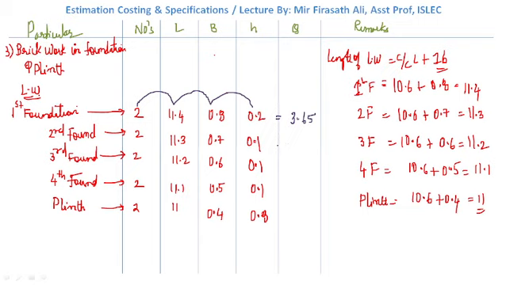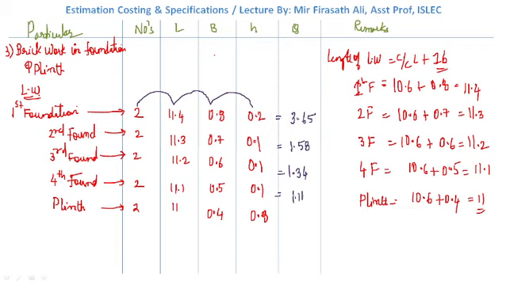This value will be 1.58, 1.34. Multiply it: 2 into 11.2 into 0.6 into 0.1. We get this value as 1.11.